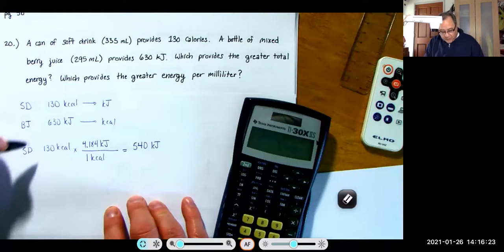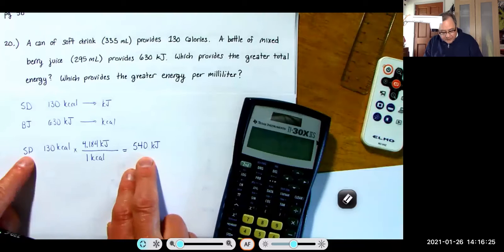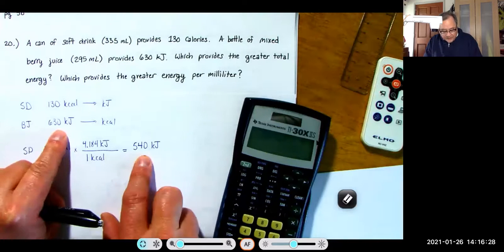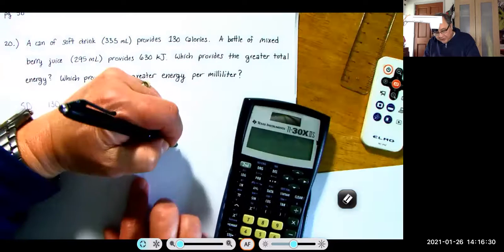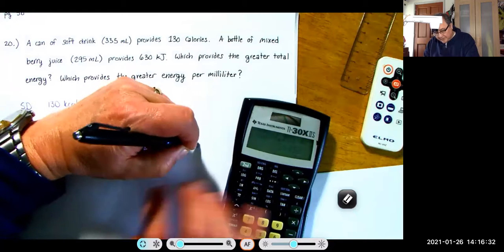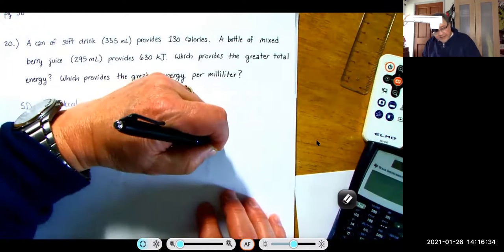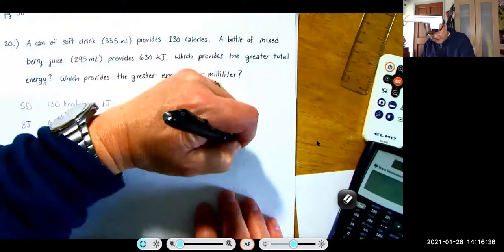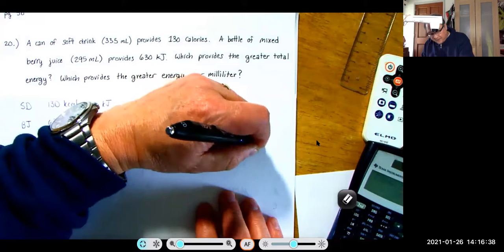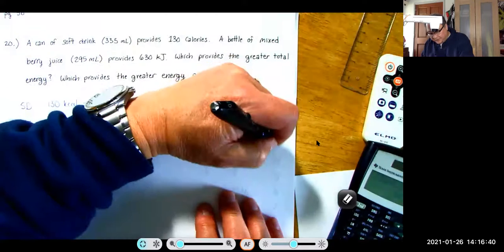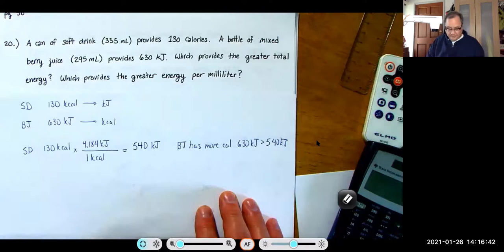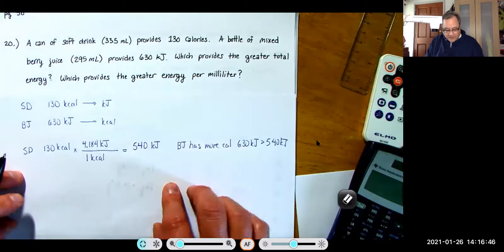Okay, so now when we compare this to the berry juice, we can say, oh, the berry juice has more energy. And that's because 630 kilojoules is greater than 540 kilojoules. So remember, the question is, which provides a greater amount of energy?